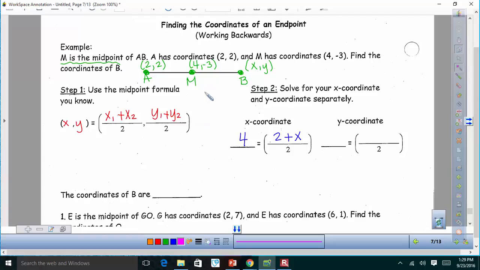So what is our y midpoint? Negative 3. And that's going to be equal to our endpoint plus our other endpoint divided by 2. So this would be 2 plus y divided by 2. Okay, so we want to find x and y. We're trying to find the other endpoint of AB.